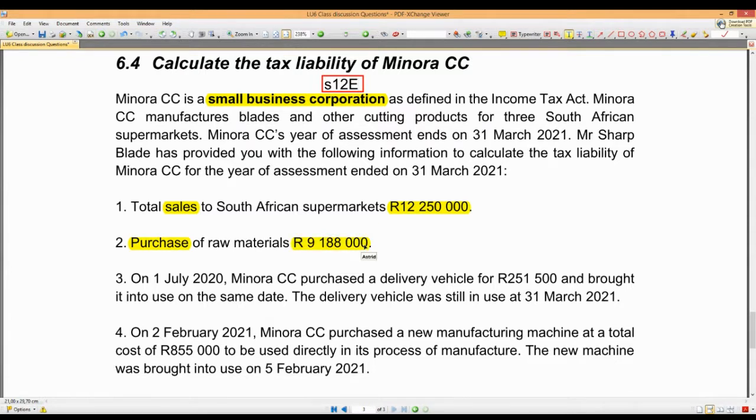9,188,000. Okay, just before we move on, something that I saw that came out of the test that you wrote. If they do not specifically indicate anything regarding VAT, so they do not talk about VAT, they do not state that it's inclusive of VAT, they do not tell you the person is registered for VAT, you do not bring VAT into account when you do the question.